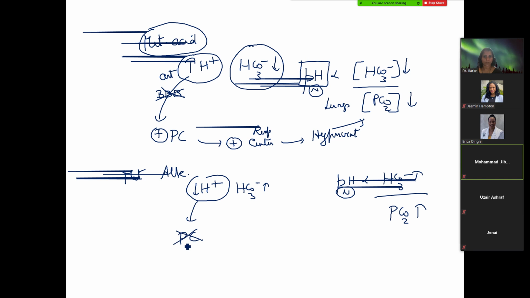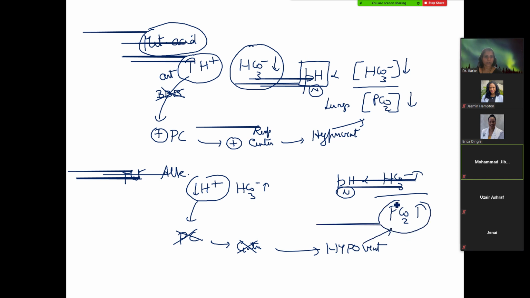They are not stimulated, so the respiratory center is not stimulated. How will the person breathe? Hypoventilation. As a result of hypoventilation, carbon dioxide is retained and pH comes back to normal. So on exams, write down the Henderson equation; that will help you remember which direction the compensation should go.